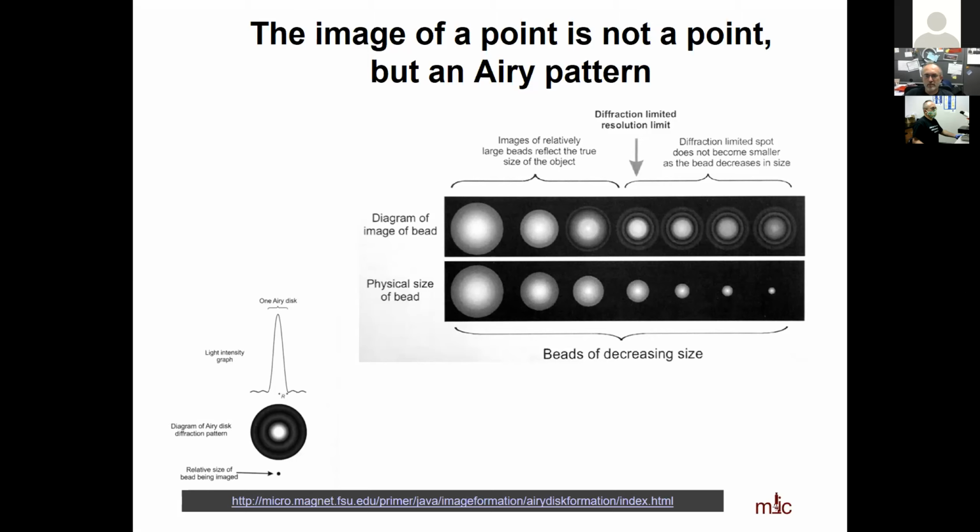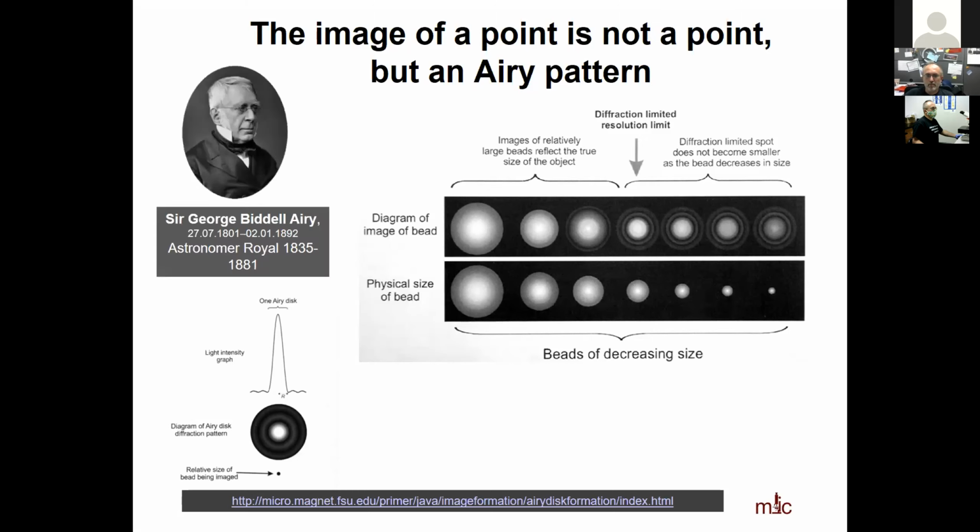That's your Airy disk. Here is a little bit more info in this link at the bottom. It's called the Airy disk after Sir Airy, who was the Royal Astronomer, because astronomers like to look at small point objects like stars.